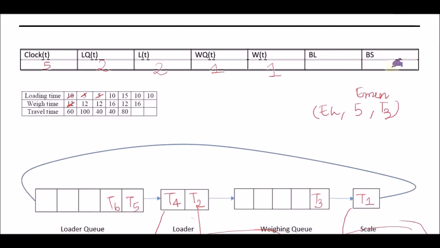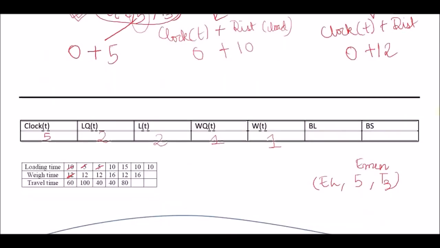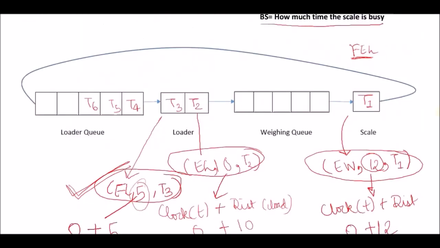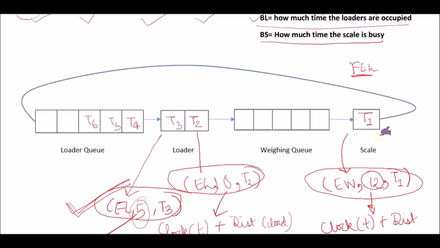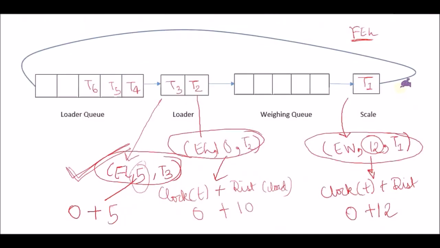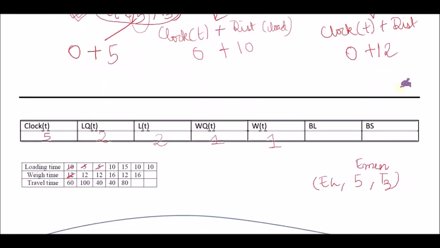Yes. How many scales? Since there's only one scale, we can say in that time lapse between 0 and 5, there was one truck in the scale. So we can say for 5 minutes, the scale was busy. So we can get BS is equal to 5.